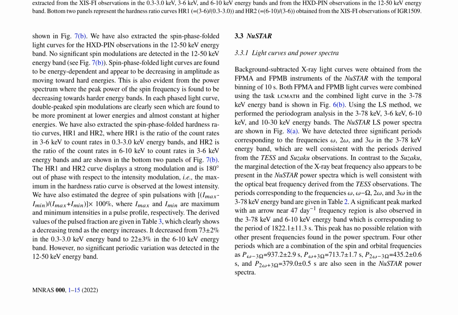These periods are P_omega-3Omega equals 937.2 plus or minus 2.9 s, P_omega+3Omega equals 713.7 plus or minus 1.7 s, P_2omega-3Omega equals 435.2 plus or minus 0.6 s, and P_2omega+3Omega equals 379.0 plus or minus 0.5 s.